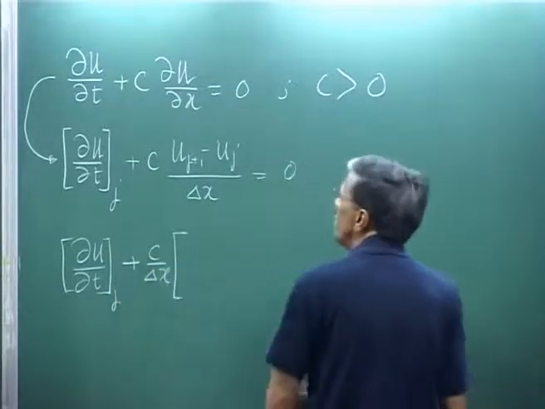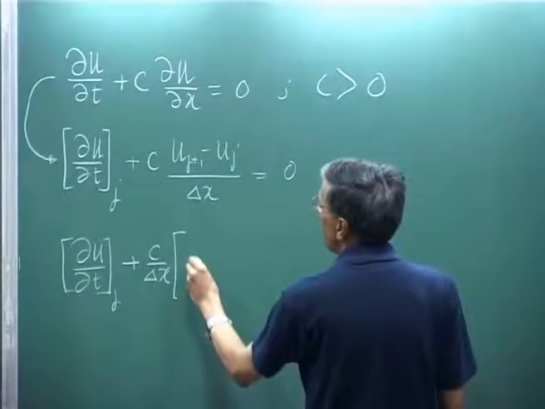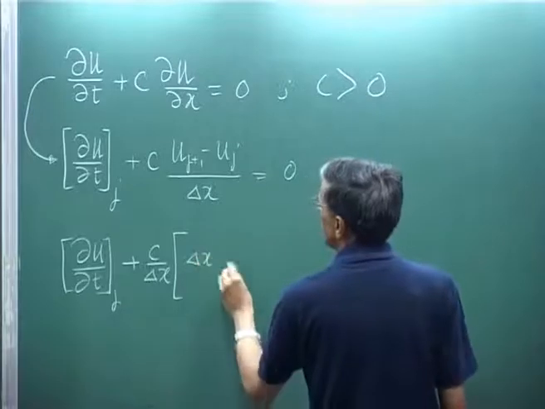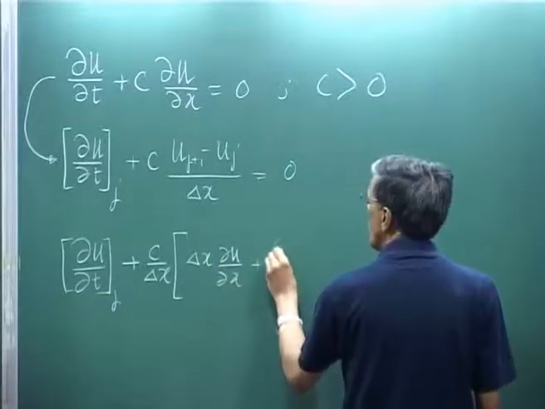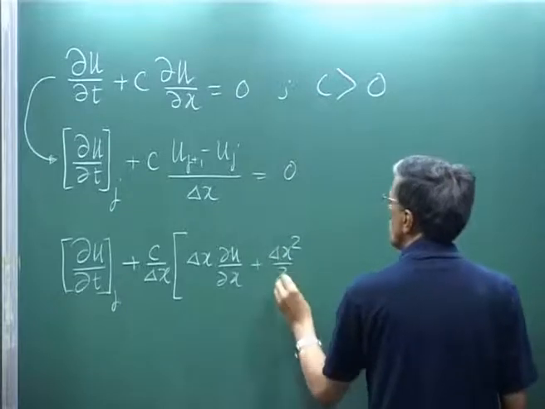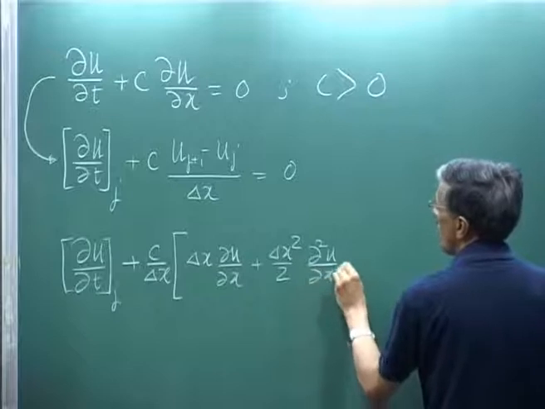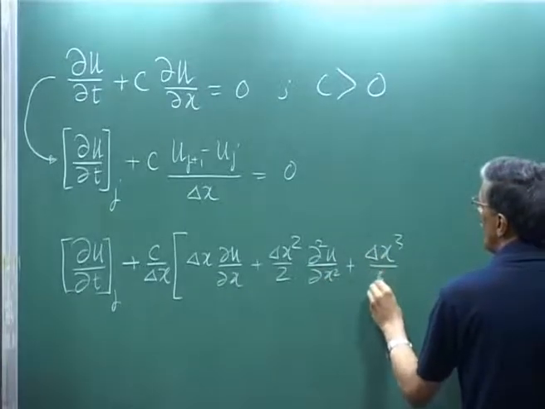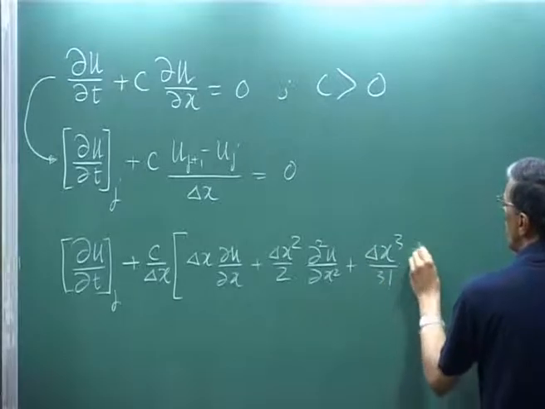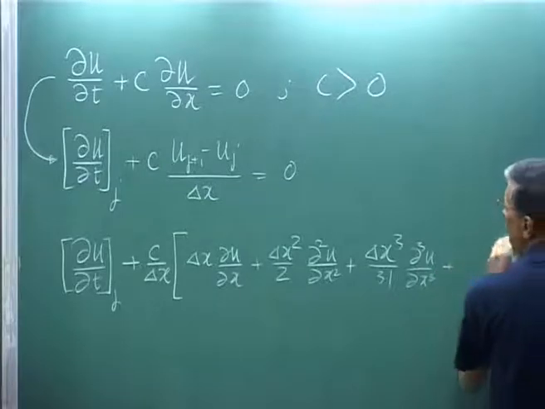So, if I do that, then u j will cancel, and then I will have delta x del u del x and so on and so forth.